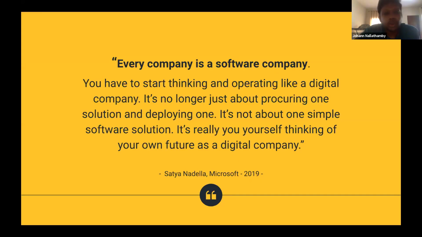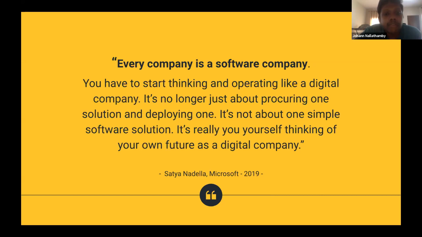So I would like to end my session with this quote from the very famous Satya Nadella. Basically, regardless of what industry or what business you are in, you have to think about your future in the digital world.